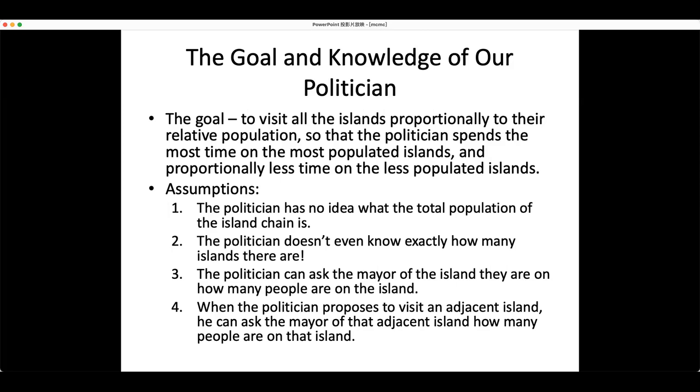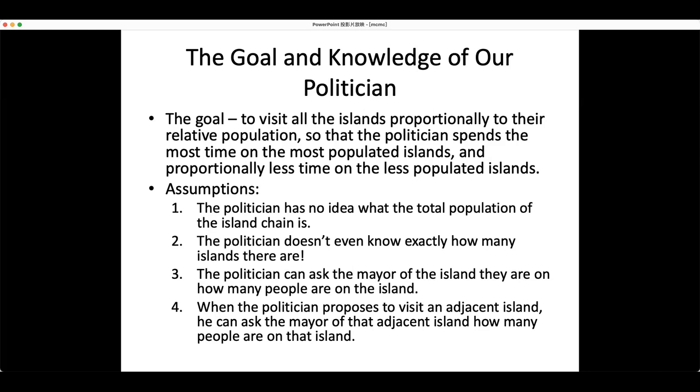There are a few assumptions that we have to go through. First, the politician has no idea what the total population of the island chain is. He doesn't know the whole total population of his country.